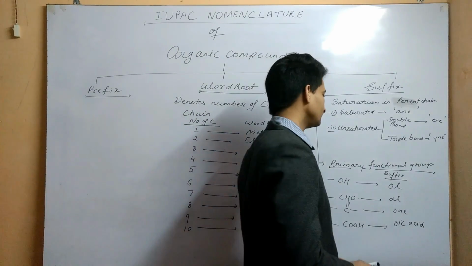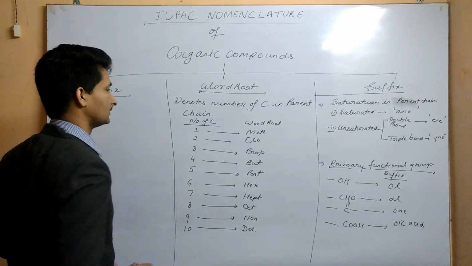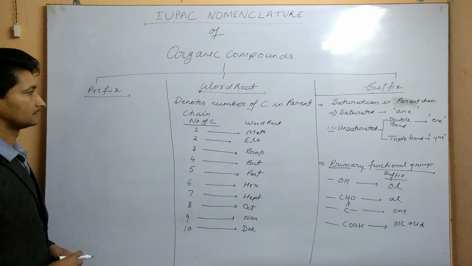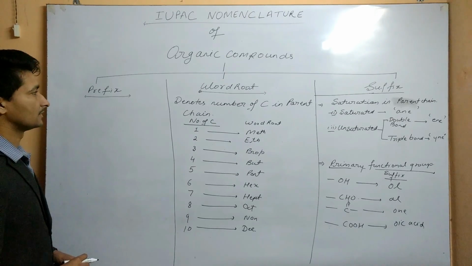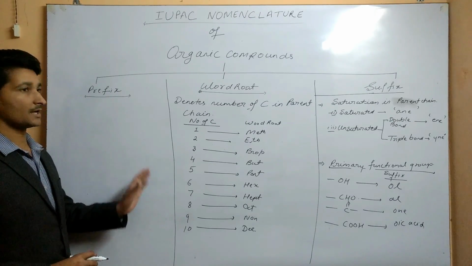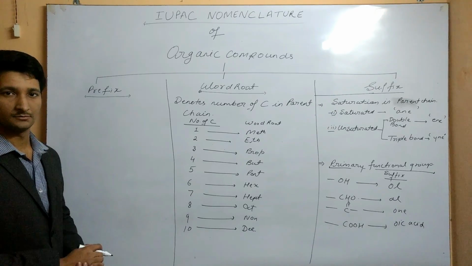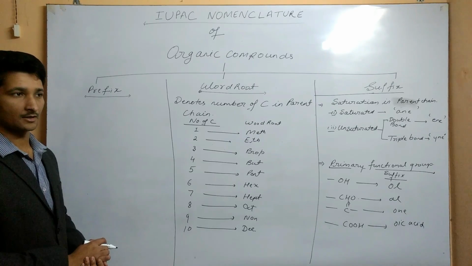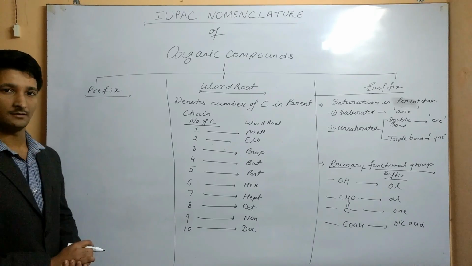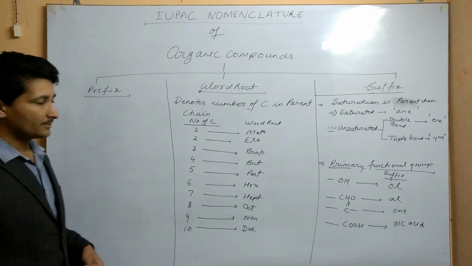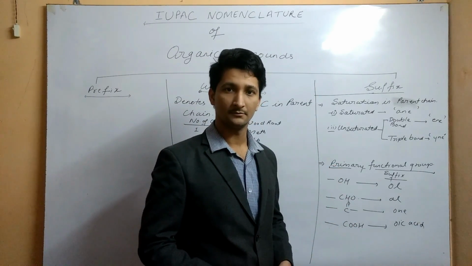Okay, now let us see what can be denoted by the term prefix. While selecting the parent chain, there may be some possibility that we cannot include each and every carbon. There may be some carbons which will be left out, and all those left out carbons are called branches, and these branches can be represented in the prefix. Similarly, it's possible that we cannot include all the functional groups in the parent chain.